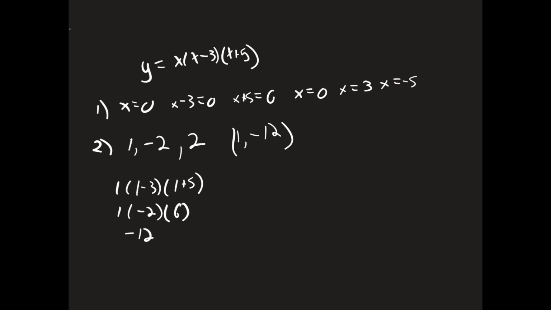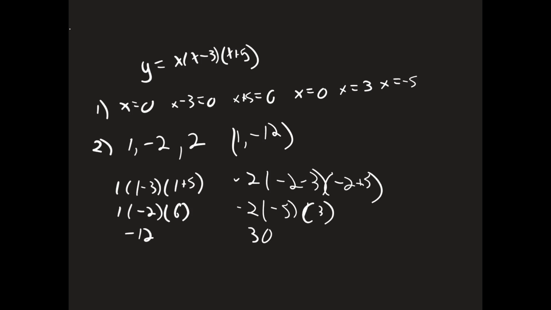Now let's go to my negative 2. Negative 2 times negative 2 minus 3 times negative 2 plus 5. So we have our negative 2, negative 5, and positive 3. All right, so 5 times negative 5 times 3, negative 15 times negative 2 is positive 30.